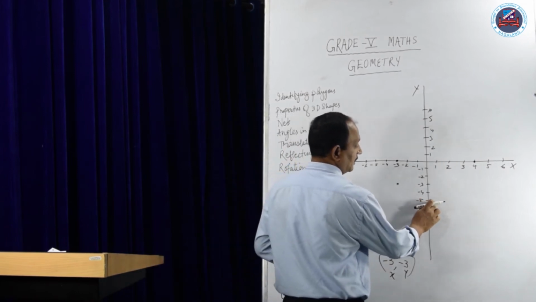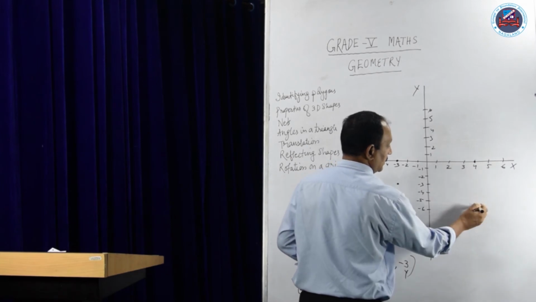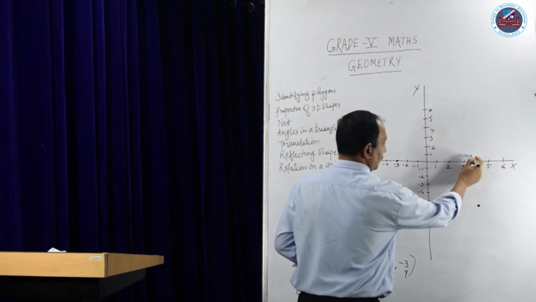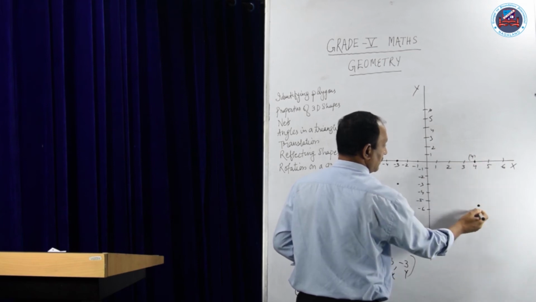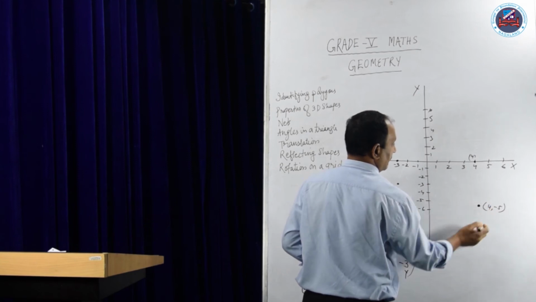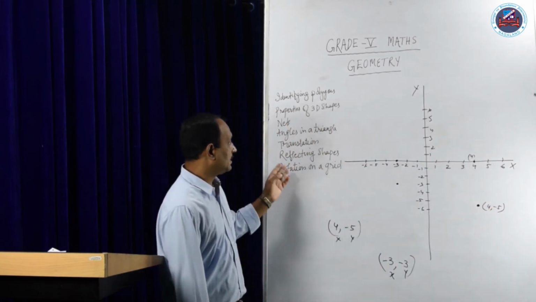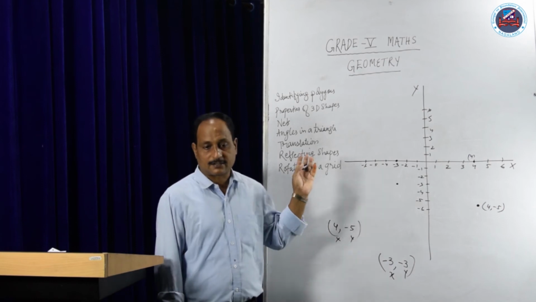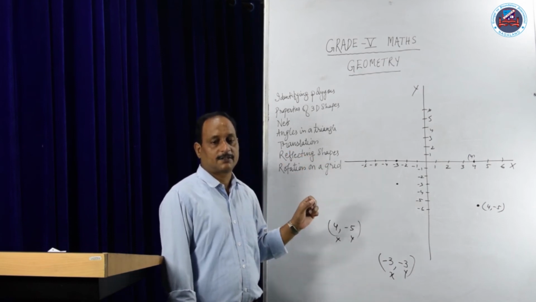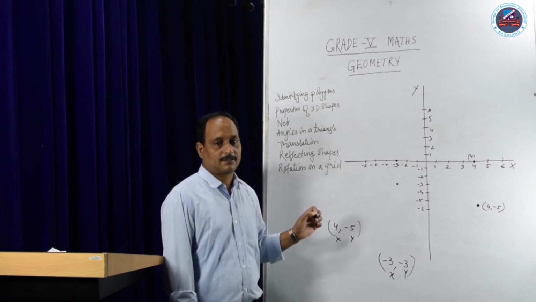So this will cross in this place. This will be your 4 and this will be minus 5. So it will become (4, -5). So this is translation, putting the coordinates in the right place.